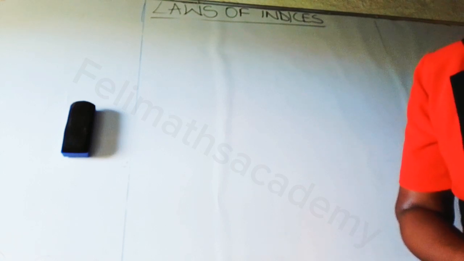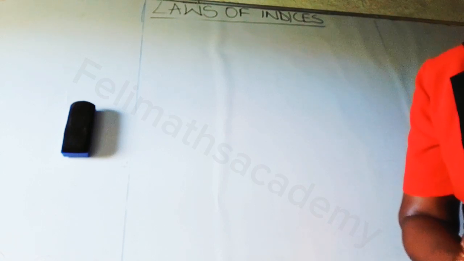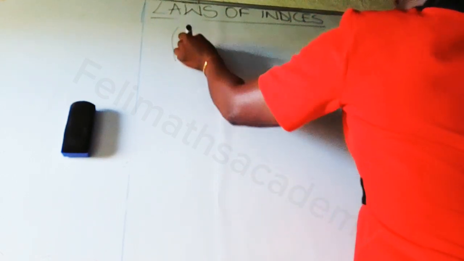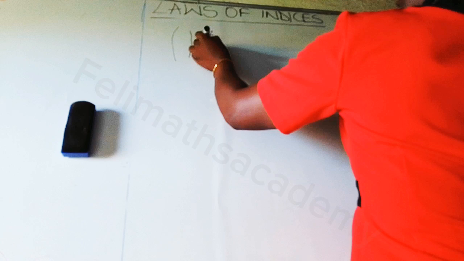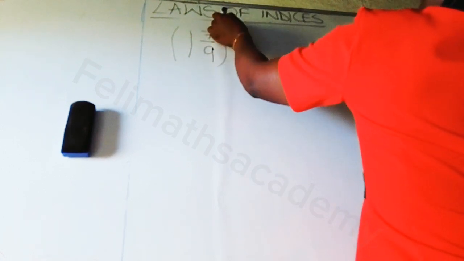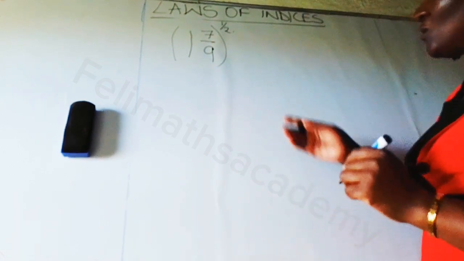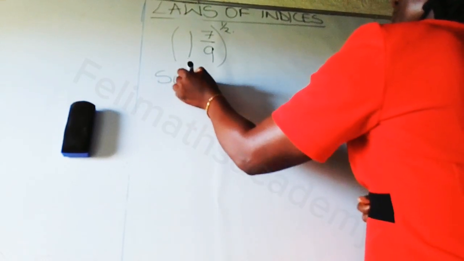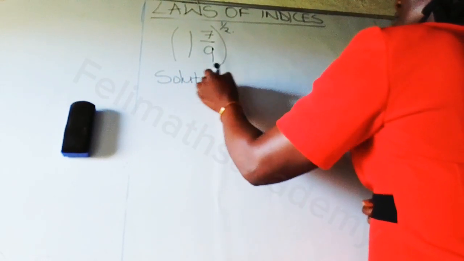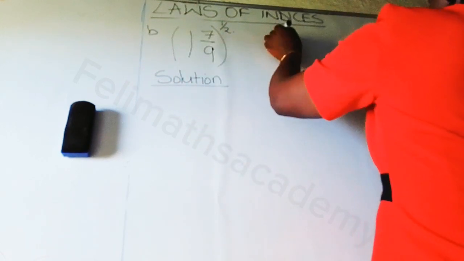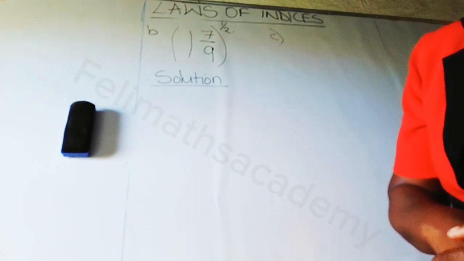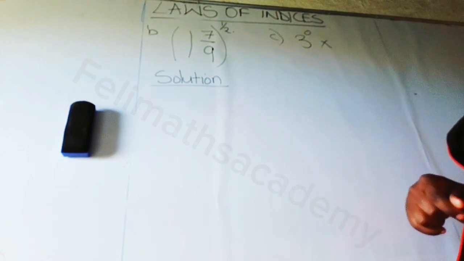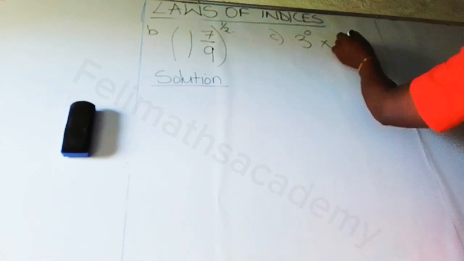Evaluate 1 and 7 over 9 all to the power half. So the solution: the B part, evaluate this, and C, we are to evaluate 3 to the power 0 times 3 to the power -2.